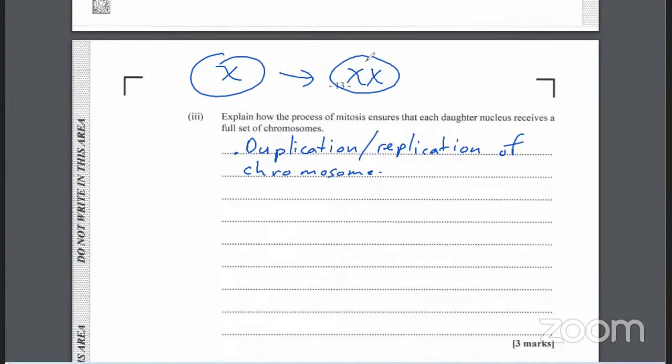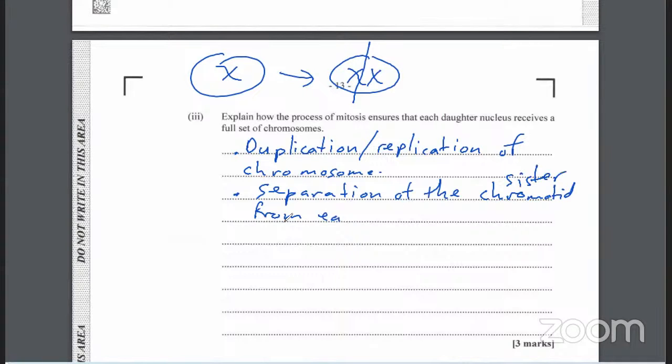So it duplicates, and then we know that each cell will get two chromosomes. So duplication, then we basically will have separation of the chromatids, sister chromatids, from each chromosome.